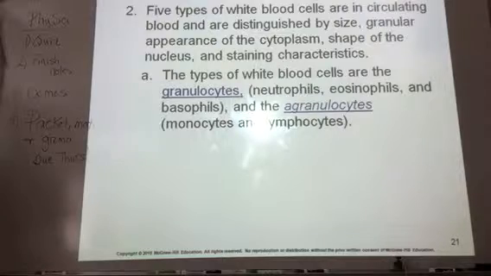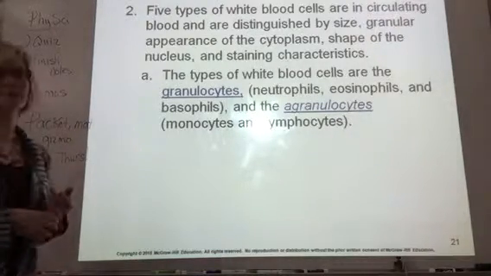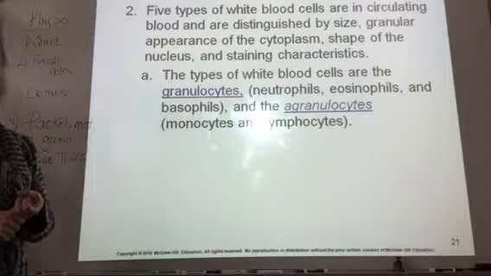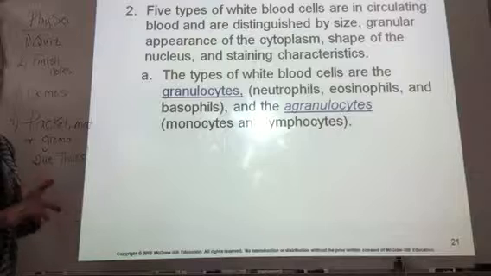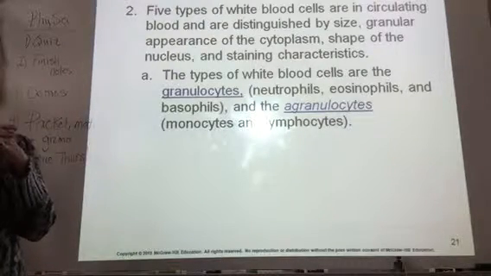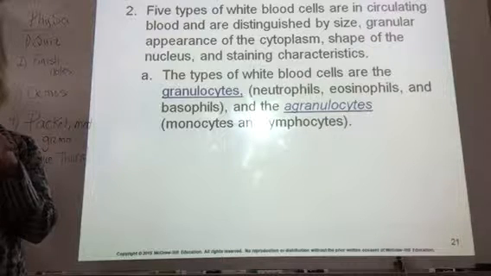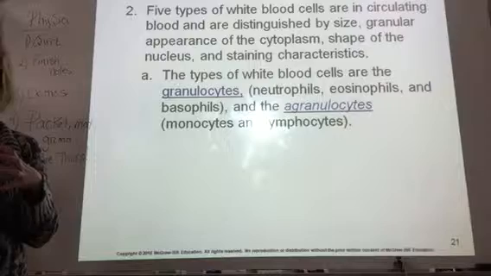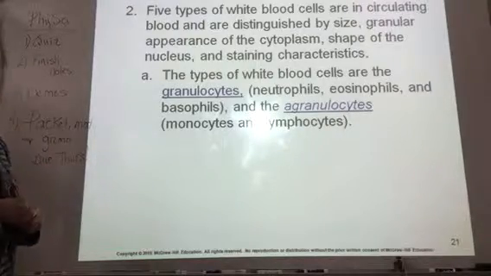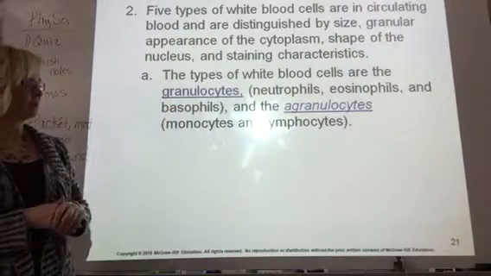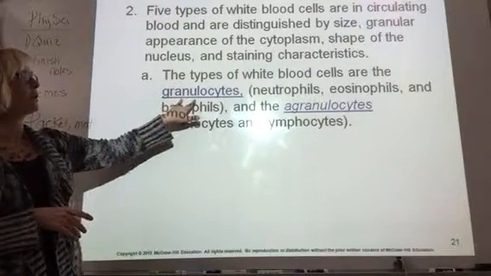There's 5 types of white blood cells, and they're distinguished and named by the size of the cell, whether they're grainy in appearance or not, shape of the nucleus, and then how they stain. So when we look at blood cells under a microscope, the pictures in your book have all been stained to take on certain colors. There's 2 categories that these white blood cells can fit into.